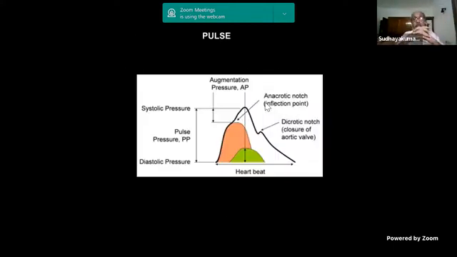Okay, now coming to the pulse, you may know many things about it, but this is an important thing which I'm not sure how many of the postgraduates or the students know. What you are recording, the pink one or the red one or the orange one, is the pressure generated by systole. This is the dP by dt which pushes the blood and raises the pressure in the aorta.